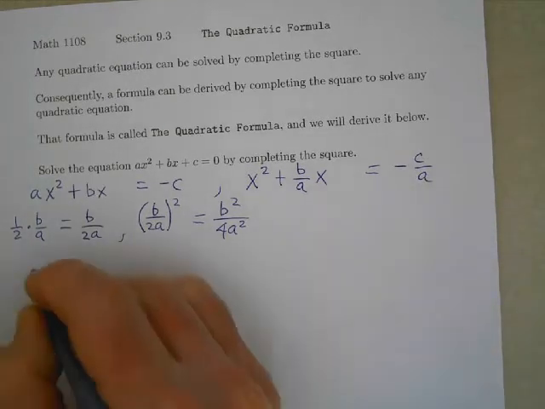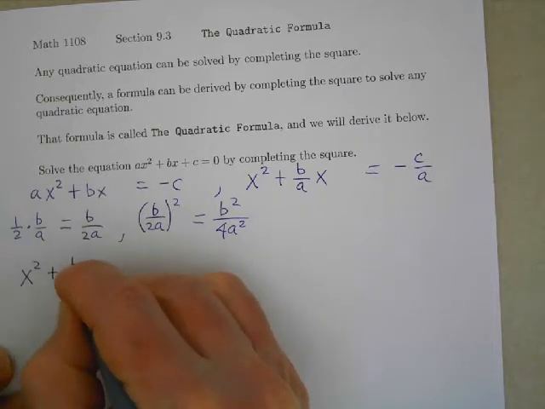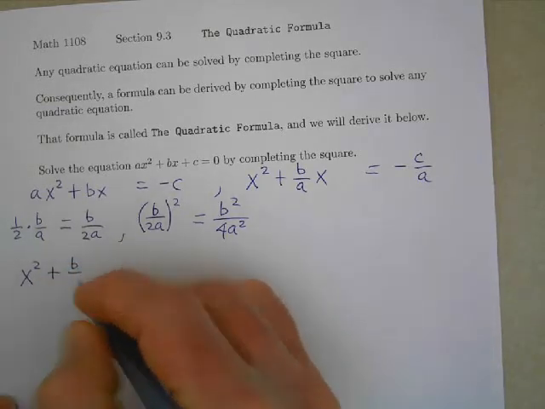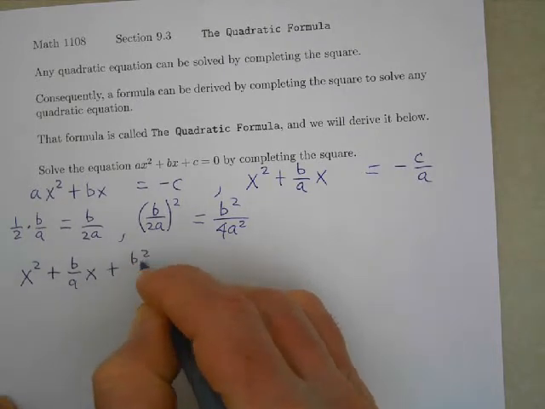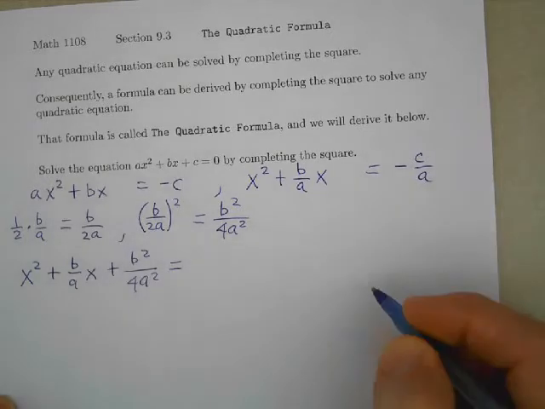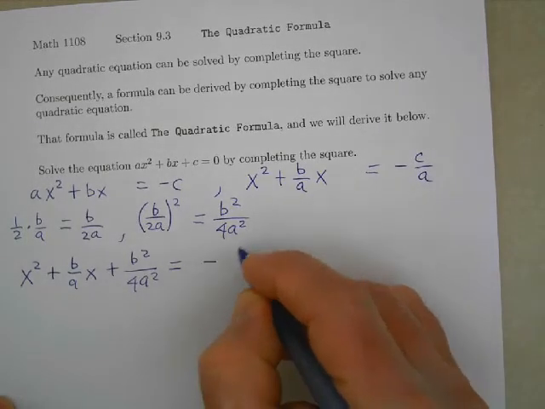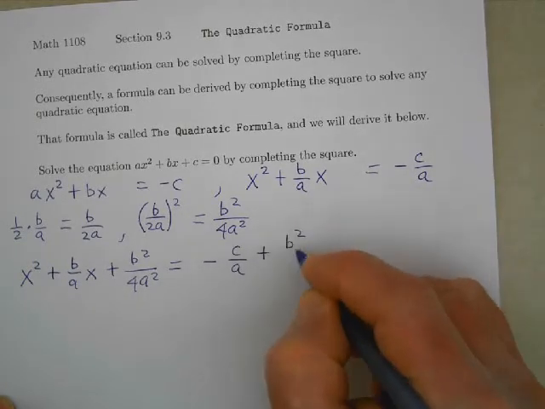So on the left-hand side, we get x squared plus b over a x plus b squared over 4a squared. The right-hand side already has negative c over a, but we add b squared over 4a squared.